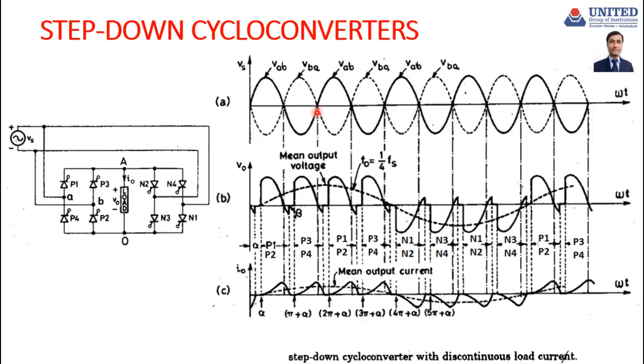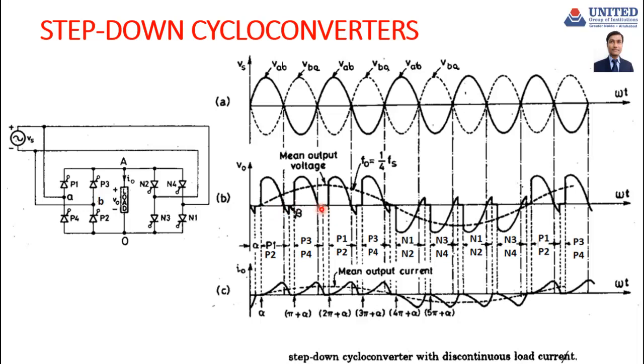Now at omega t is equal to 2 pi, the thyristors P3 and P4 would be turned off, but due to presence of inductance in the load, the conduction period of P3 and P4 will be extended.